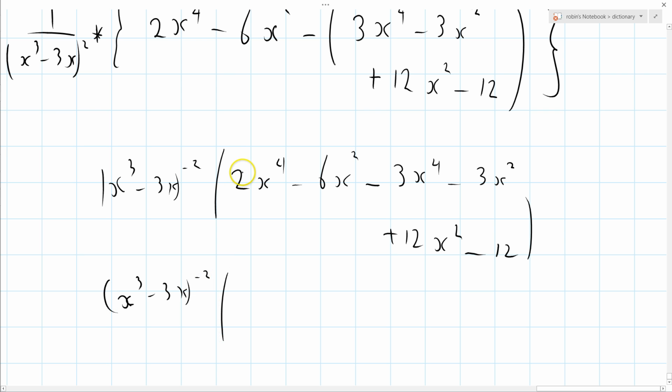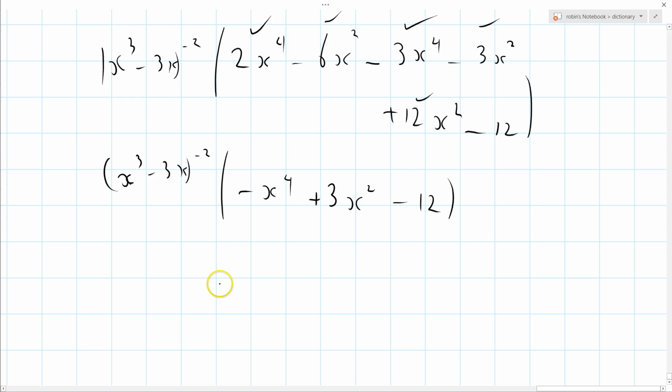Now what's happening to that x to the power 4? We've got 2 minus 3, so it's minus x to the 4. So we've done that one and we've done this one. And x squared, so minus 6 minus 3 is minus 9, plus 12 is plus 3x squared. So I've got that term, and that term. What have I got left? I've just got a 12. There you go, and there's my differential.